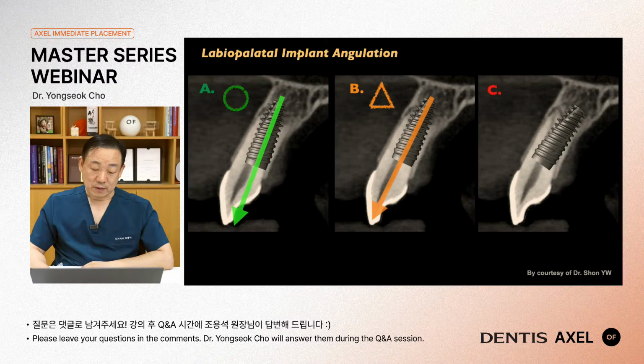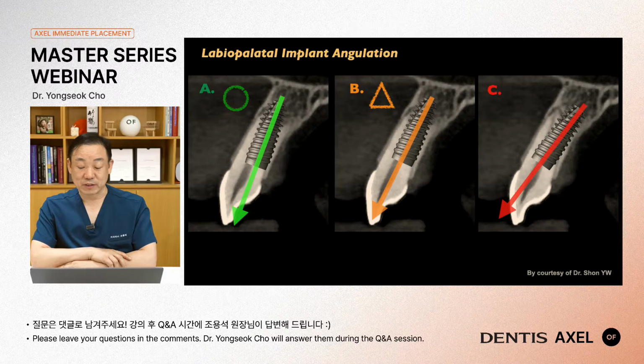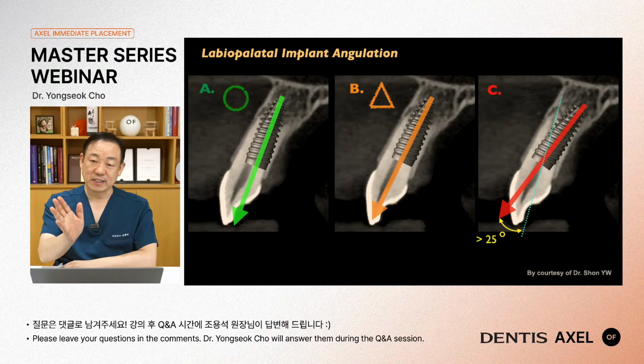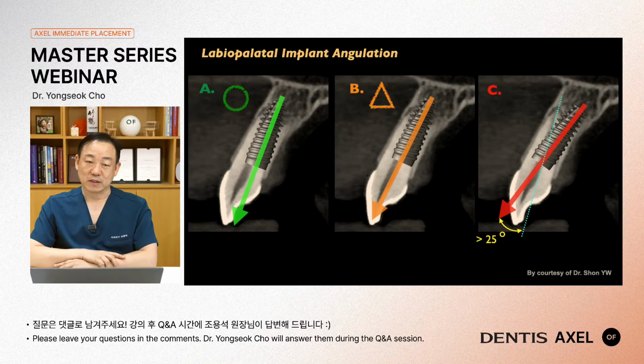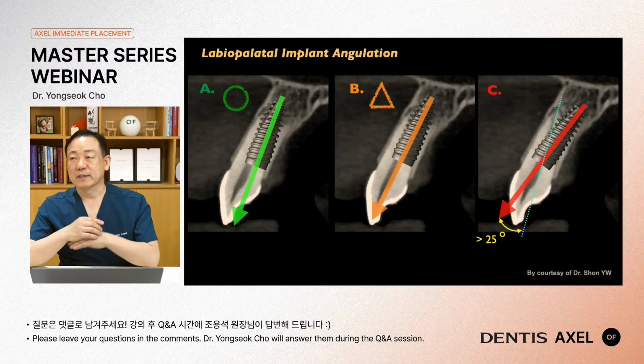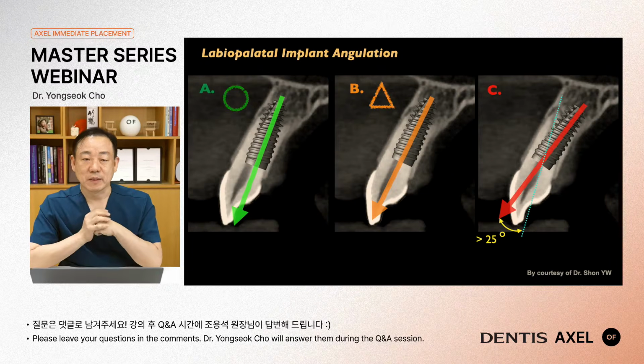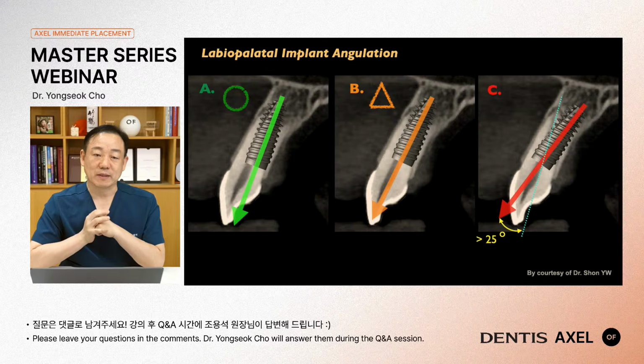However, when the labial version is over 25 degrees, the cingulum-directed screw access axis is unacceptable. We must do a cement-retained restoration when it exceeds 25 degrees from the access hole. Cement-retained restoration is not convenient because there are several problems when it is retained with cement.